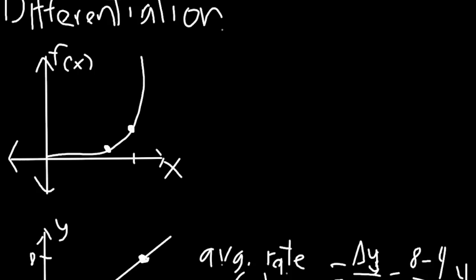This is not the function, it's just for an example. So let's say this is 8. Let's say that's 6. Let's say this top number is 10. Let's say the bottom number is 4.